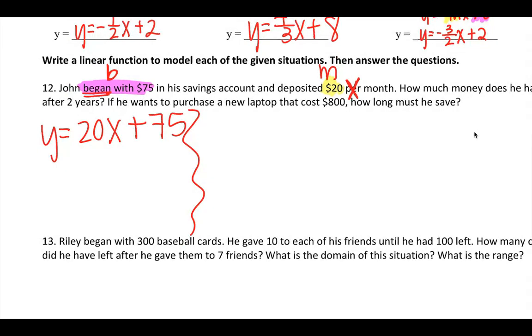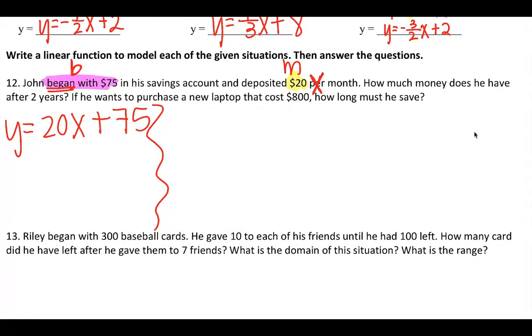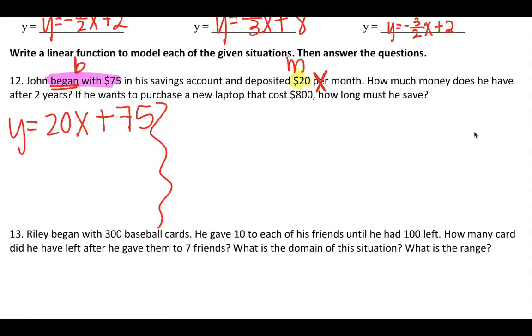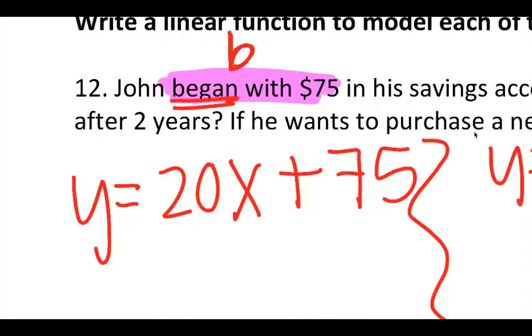It's asking me, how much money does he have after 2 years? So if I've got this equation, y equals 20x plus 75, well, x is how many months? Well, this says 2 years, so I need to change 2 years to be months.